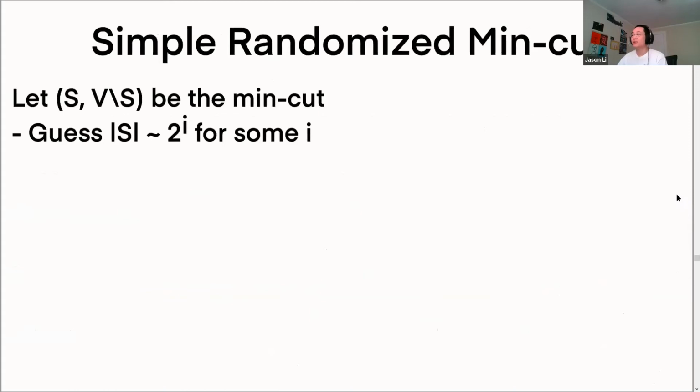Okay. So before we go to the expander decomposition part, let's just show that this simple idea immediately implies a simple randomized global min-cut algorithm. The idea is very simple. Consider the min-cut, and let S be the smaller side. Let's guess S to be roughly size 2 to the i for some i. So we'll just try all i.